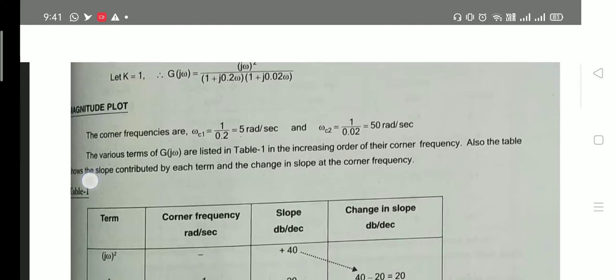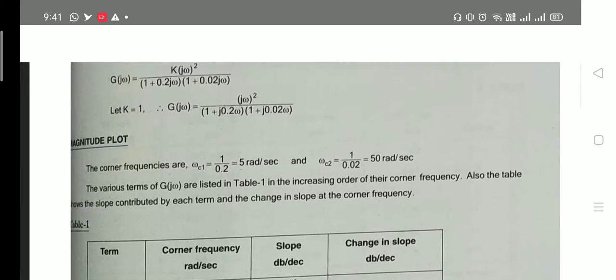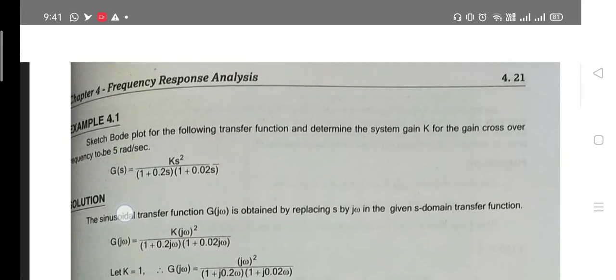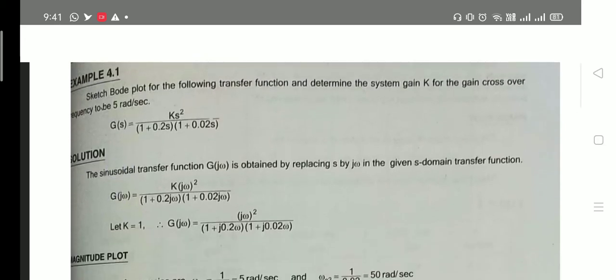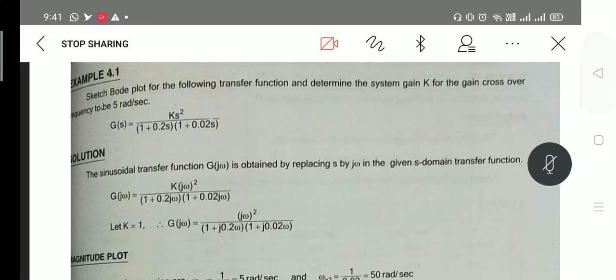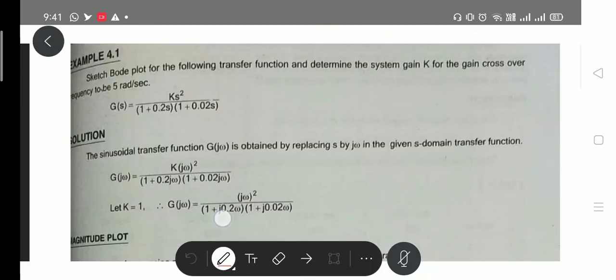This is the first step. Then going to the magnitude plot, first we represent the corner frequencies. How can you represent the corner frequencies? Here 0.2, here 0.02. First corner frequency omega c1 is equal to 1 by 0.2. This is the first corner frequency.